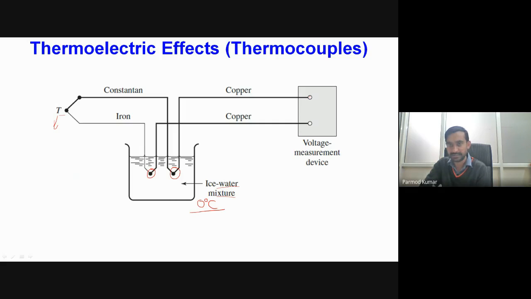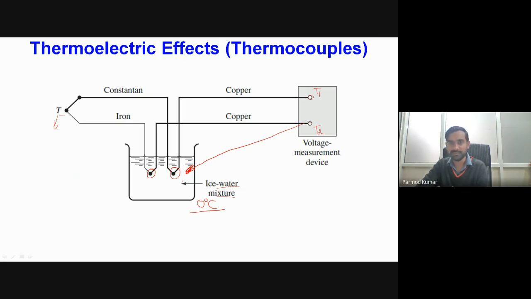For example, if at the first terminal the temperature is T1, and at the second terminal point the temperature is T2, so if the temperatures of these two terminal points across which we measure the final output EMF are different, then we need two reference junctions.